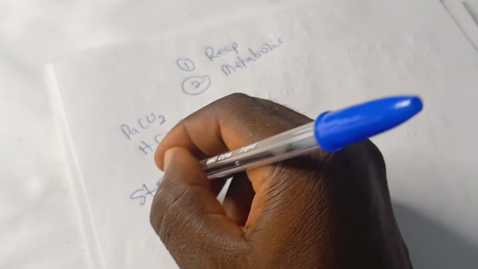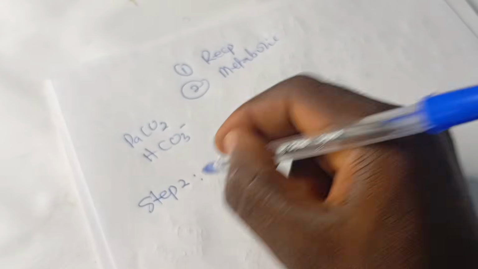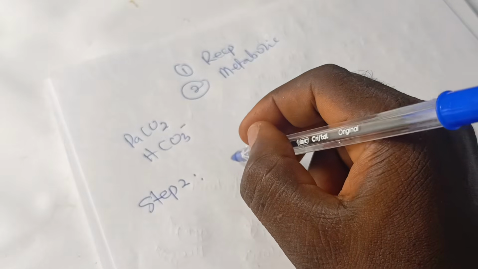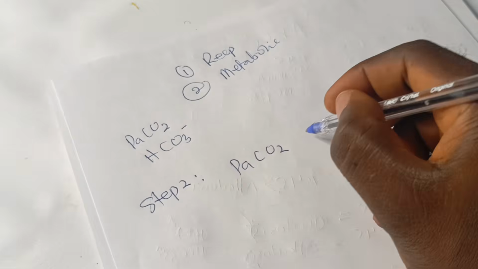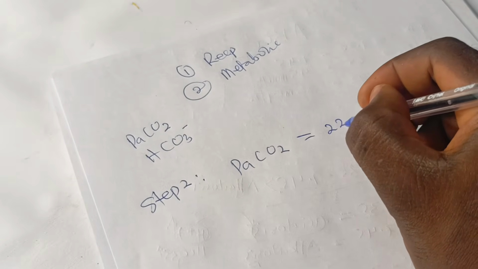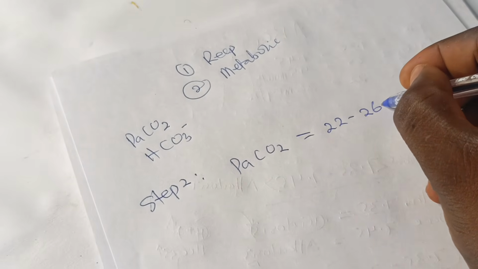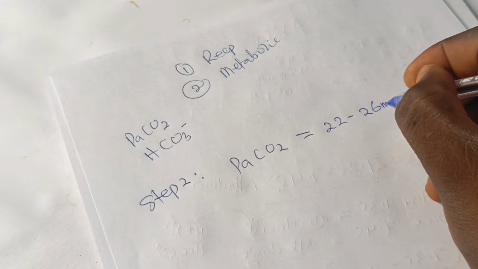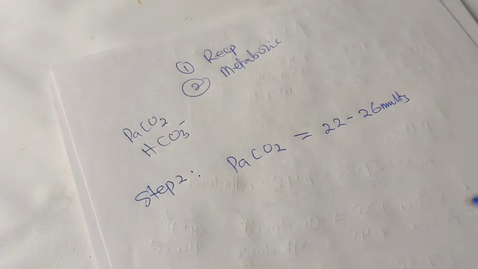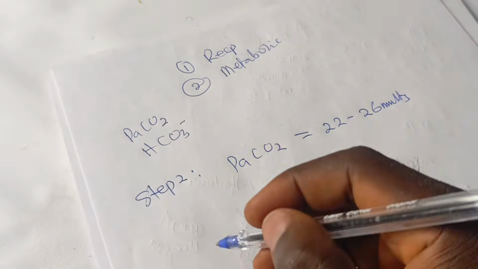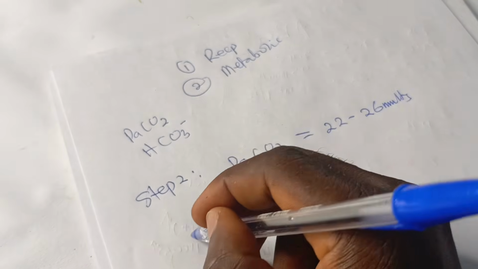So, step two, you interpret the partial pressure of carbon dioxide. And we said the normal value is 22 to 26 millimeter of mercury, right? Good. So if we are given a value, we have to interpret it.